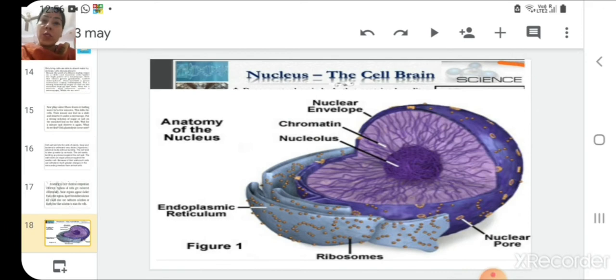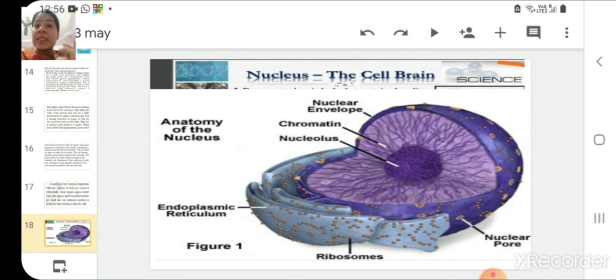Now let us focus on another important, I would like to say the most important, organelle of a cell, that is the nucleus. Here I have mentioned that it can be considered the brain of a cell. Why the brain of a cell? Because it controls the activity of all other organelles of the cell.